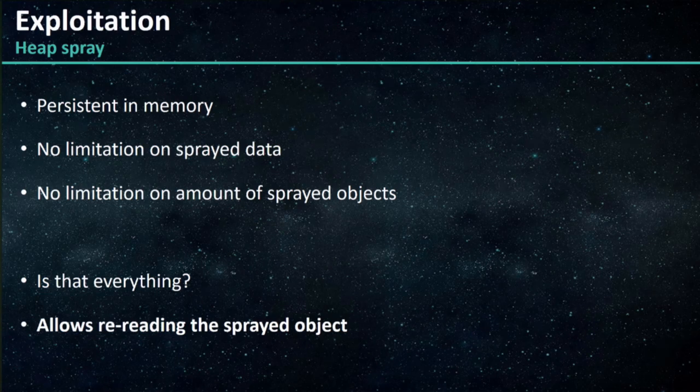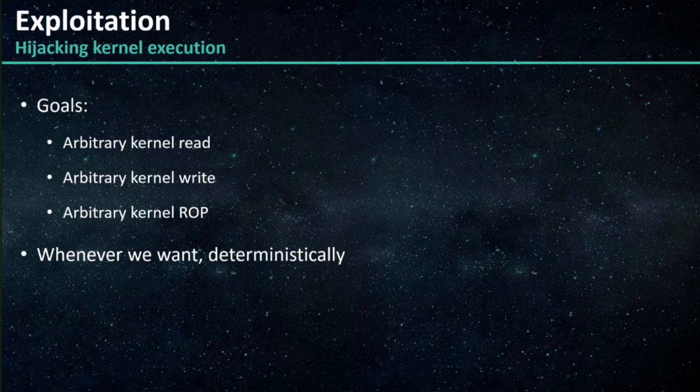Now again, my goals are to have arbitrary kernel memory read and write, and I also want to be able to call any function. And I want to be able to do that anytime I want without any statistics in mind, so deterministically.